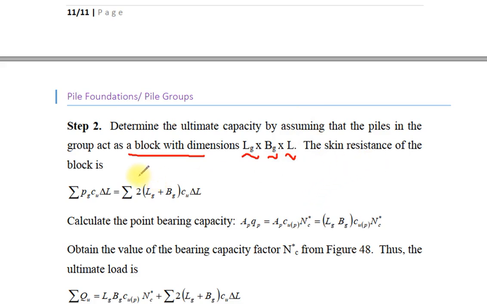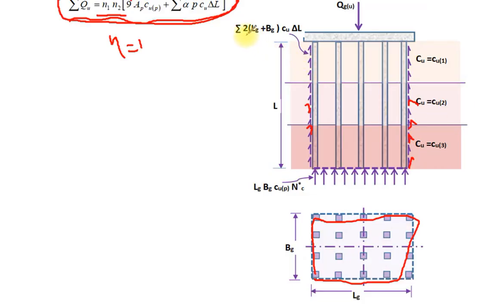The skin resistance of a block is, as presented here, 2 multiplied by (LG plus BG), this is the perimeter, multiplied by the undrained cohesion, multiplied by delta L.